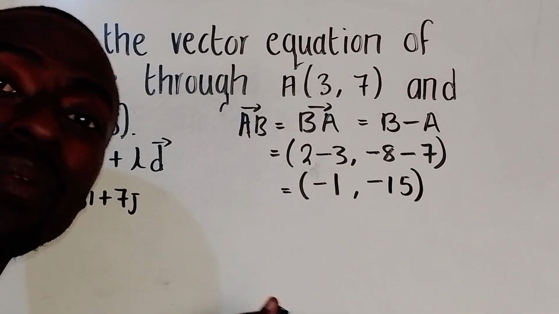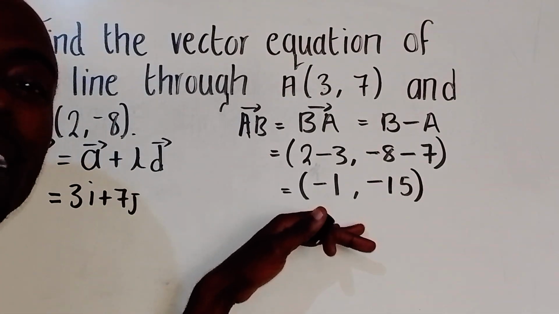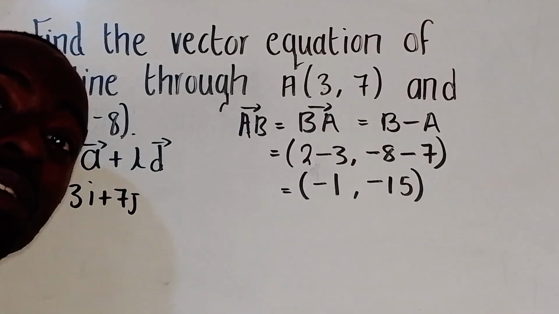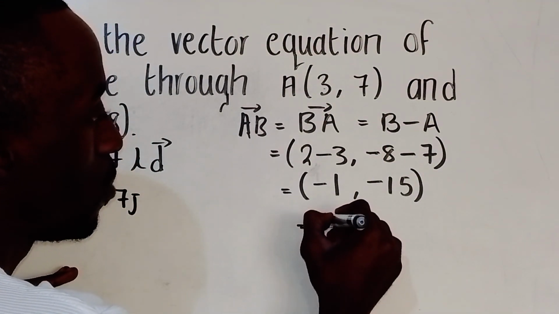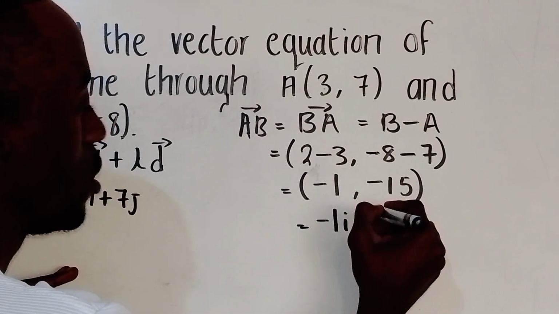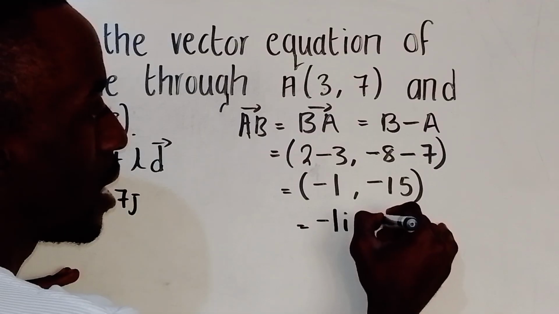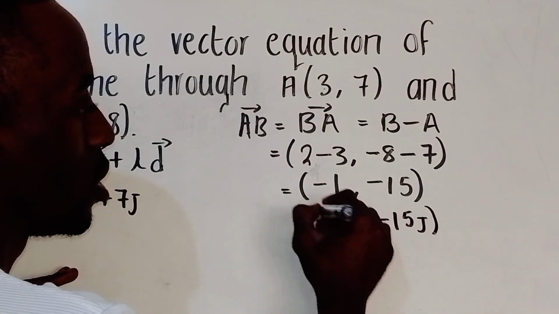Remember, this here, what I'm doing, it is known as the coordinate. Now we change the coordinate into the position vector. We introduce an i there, so it will be negative 1i. Again, this one, it will be what? It will be negative 15j, like this. You have seen?